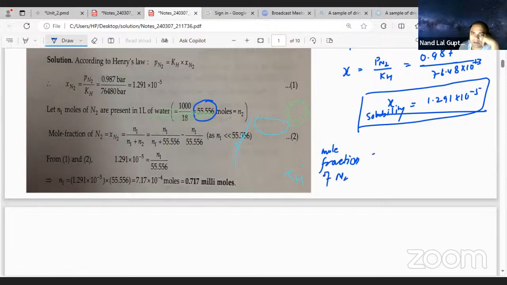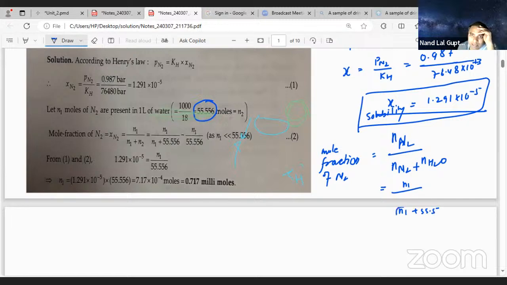That is moles of N2, nN2, upon nN2 plus nH2O, because millimoles they are asking. Here we don't know the moles of N2, and in the denominator plus nH2O we know, 55.5.